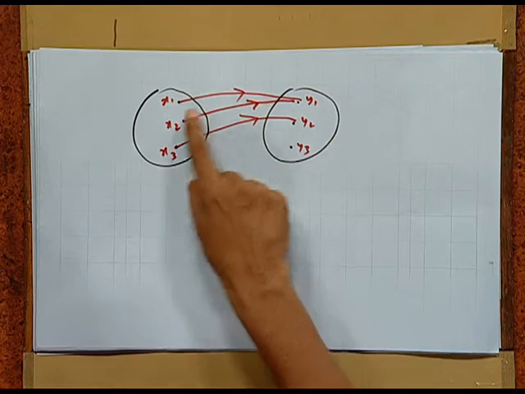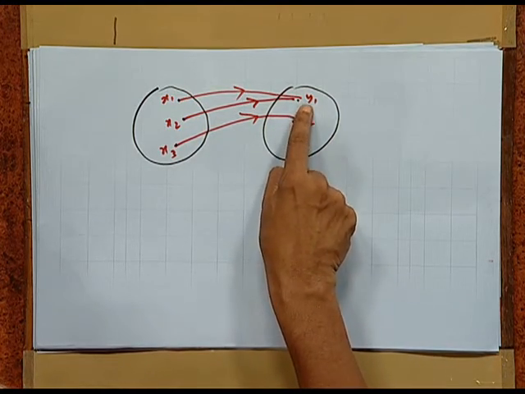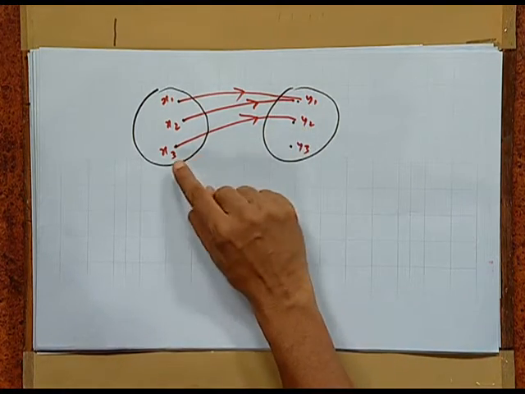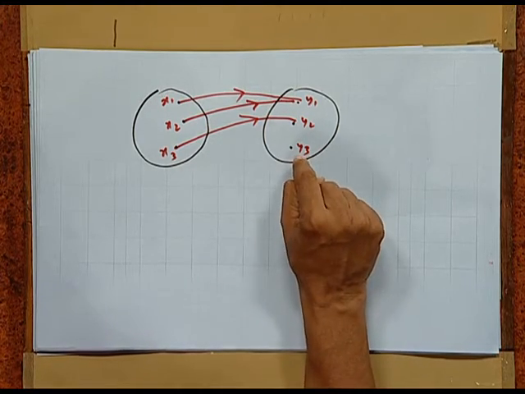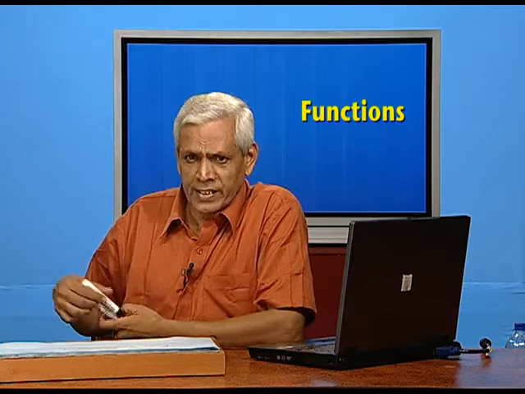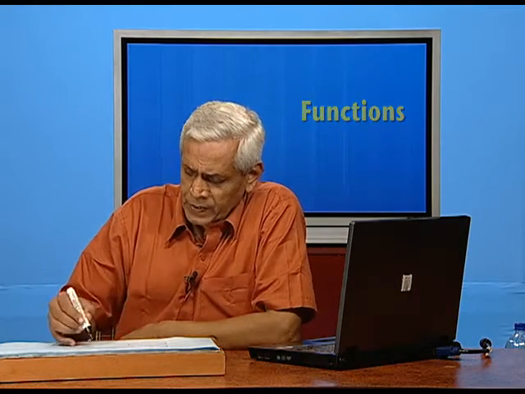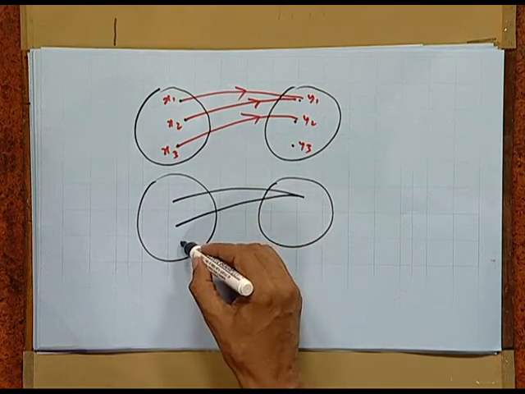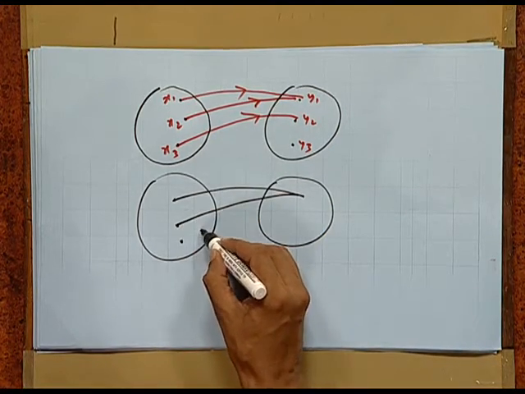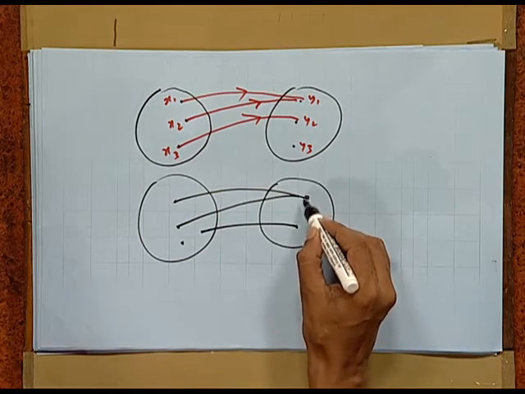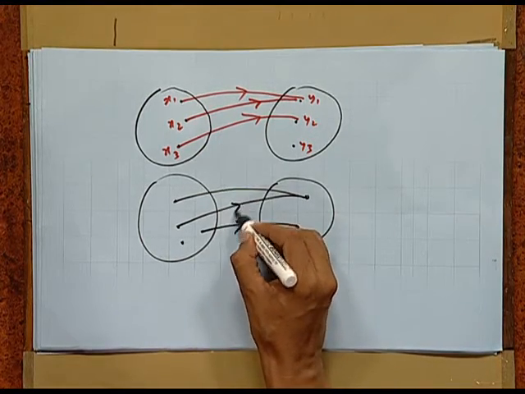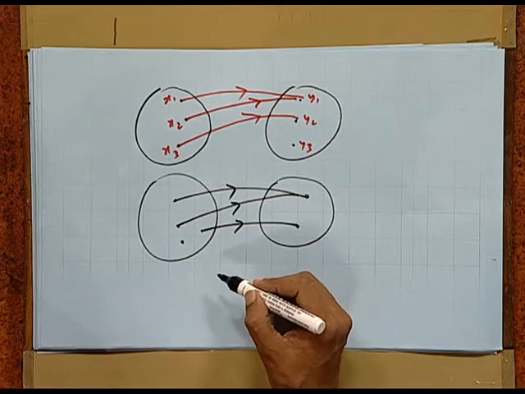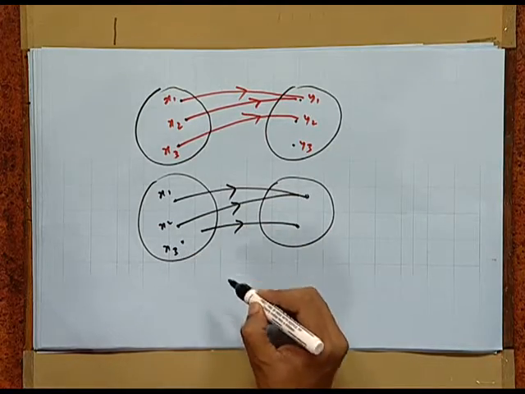Here y1 is the image of x1 and also the image of x2, y2 is the image of x3 and y3 is the image of none. It is a function, but if you take this example, this is not a function because x3 has no image.